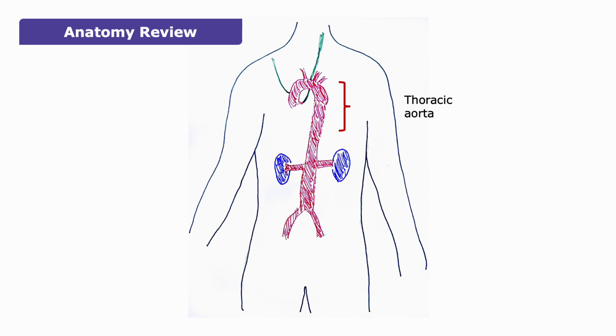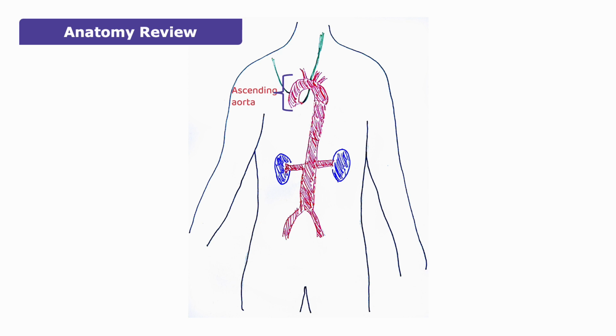First, we have the thoracic aorta, which originates from the left ventricle and travels downward to the level of T12. The abdominal aorta begins at the diaphragmatic hiatus and travels down until it divides into the common iliac arteries. The thoracic aorta then can be subdivided into different sections.